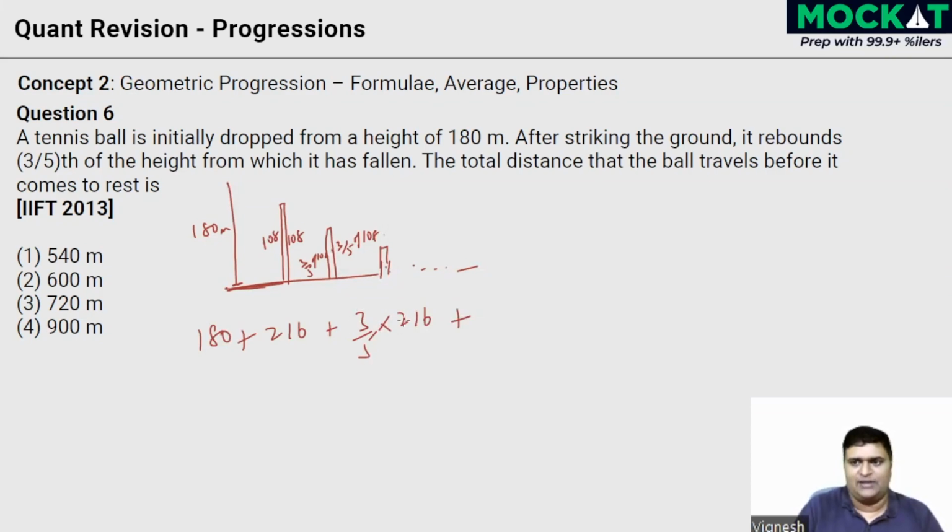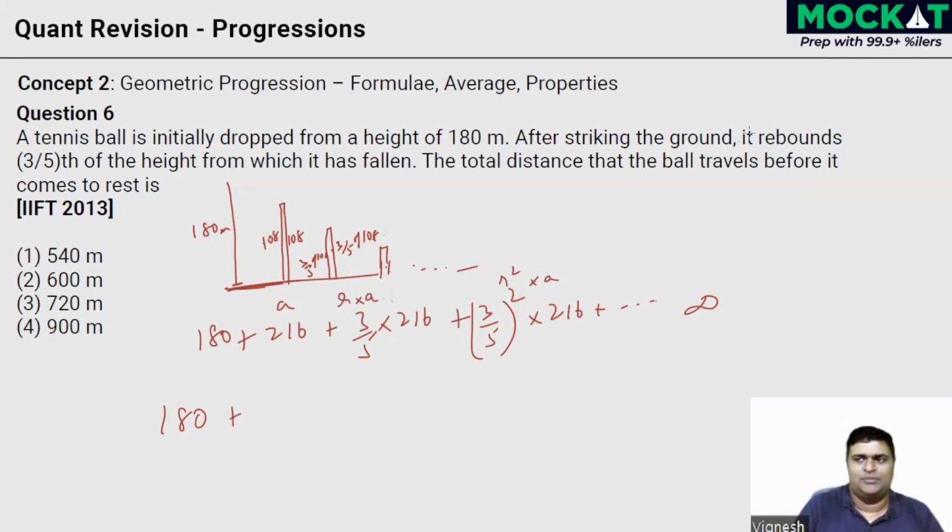So I already have 3/5 of 216. So it's 3 by 5 the whole square into 216, and it continues till infinity. So what am I getting over here? The 180, I'll keep it as it is. This looks like A. This is AR. This is AR square, or rather R square into A. This is R into A. R is 3 by 5.